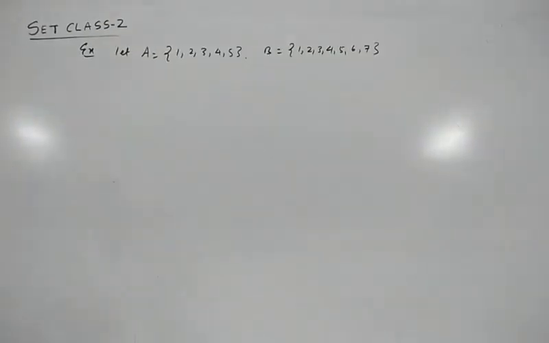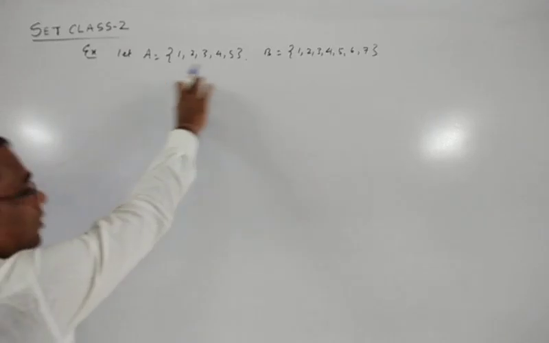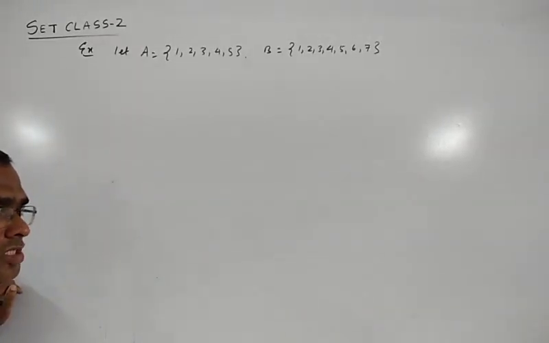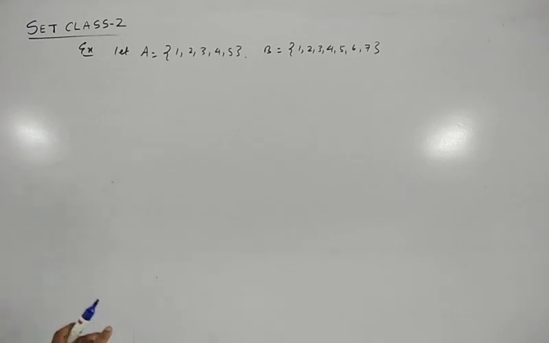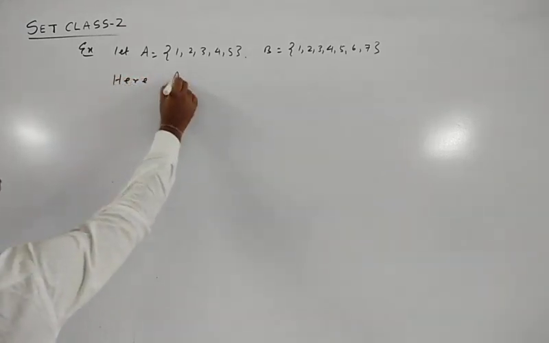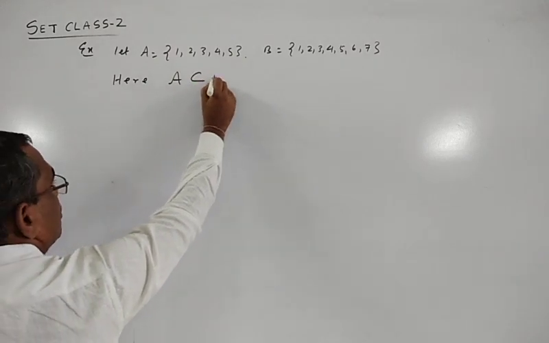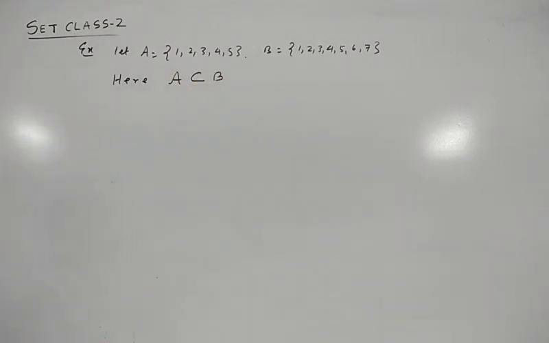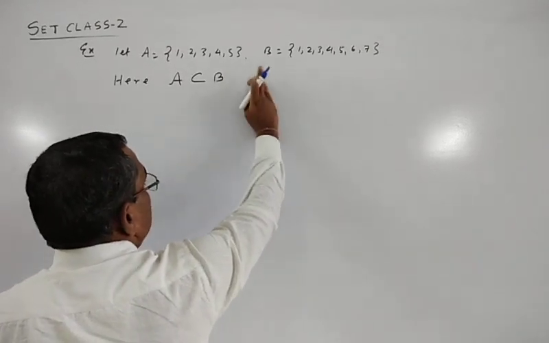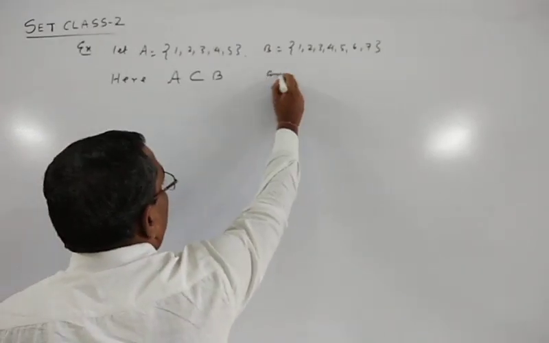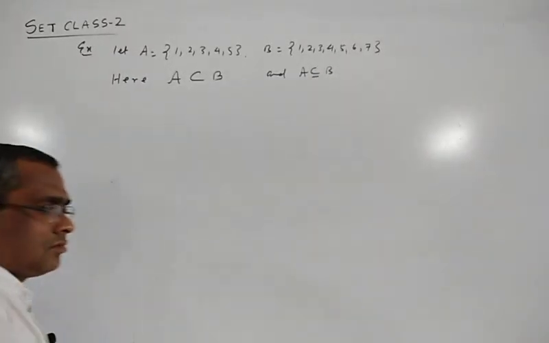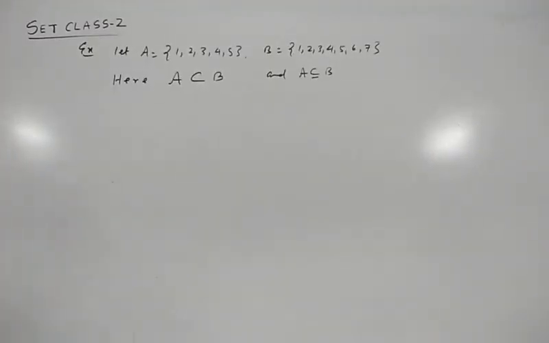So we can say A is a proper subset of B, and saying A subset B is also not a mistake. Okay. So here A is a proper subset of B, and A is a subset of B. This is also true.